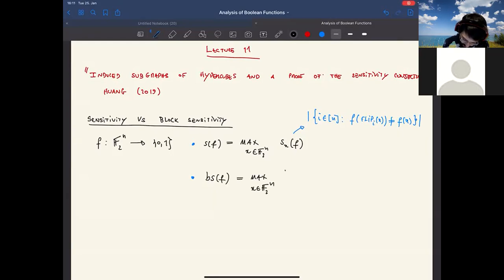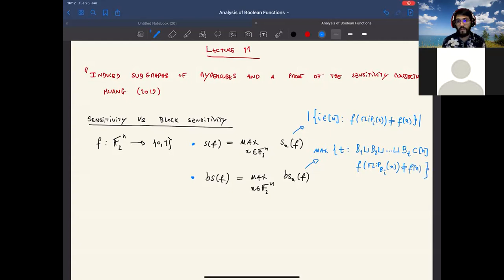However, instead we have the block sensitivity of f at x, and this quantity is the maximum of t, where we have blocks B1, B2, up to Bt, a disjoint union of t blocks, such that if you flip all the coordinates in each block Bi in x, it's different from the value at x.